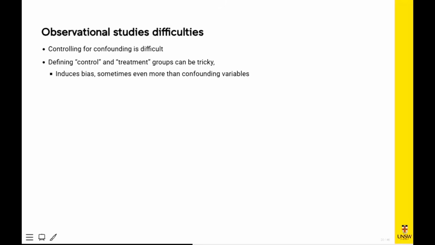You can have difficulty in defining who is exposed and who is not exposed, depending on what you are actually studying. And when you do this, if you're not really careful and think very hard and consult with lots of people who are very smart in your substantive area, you can actually induce bias rather than remove it.